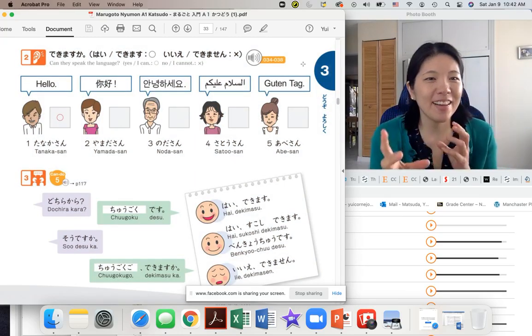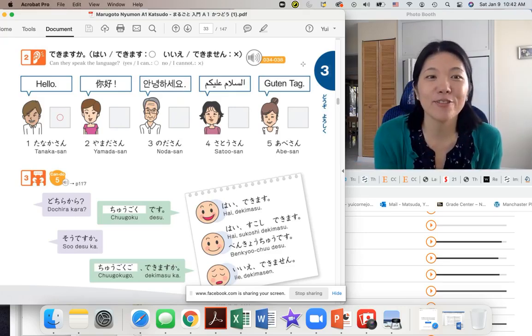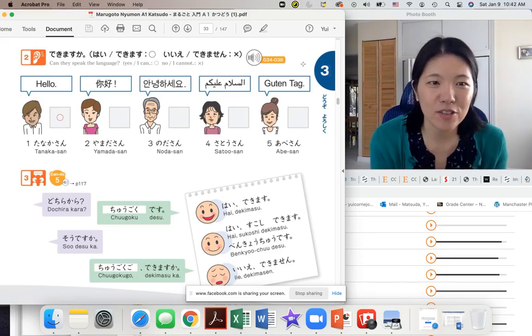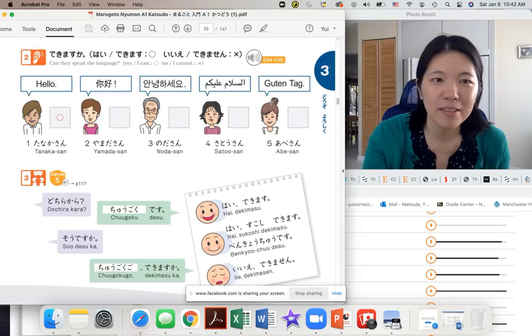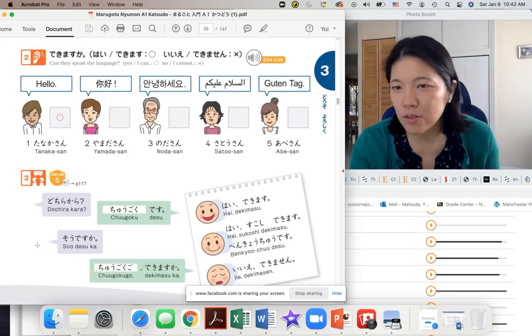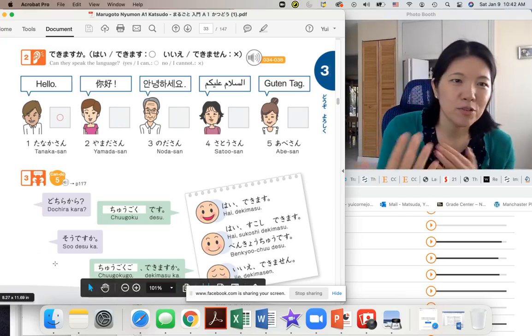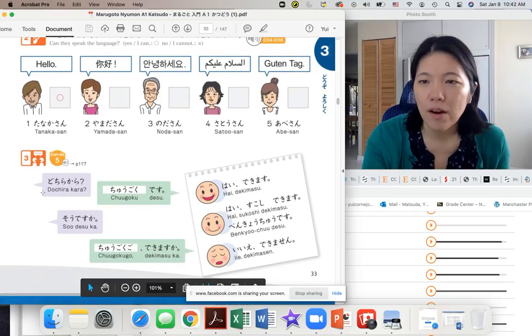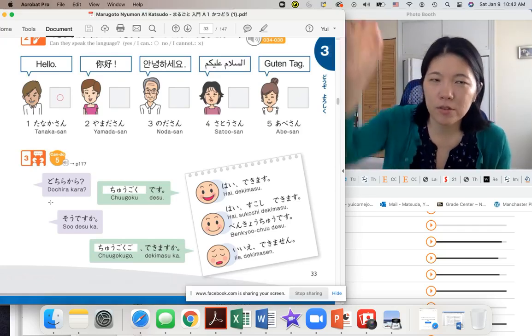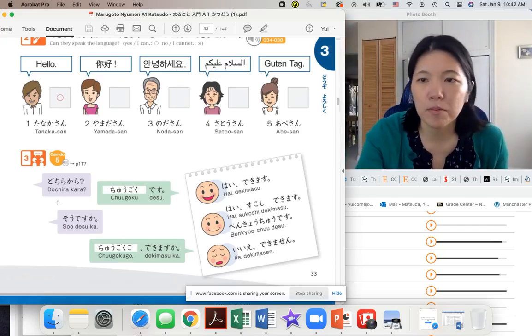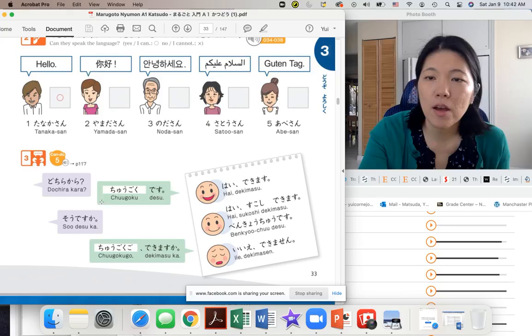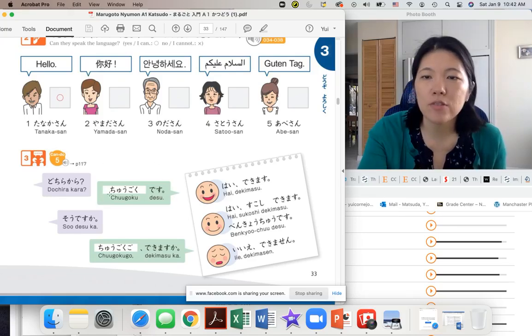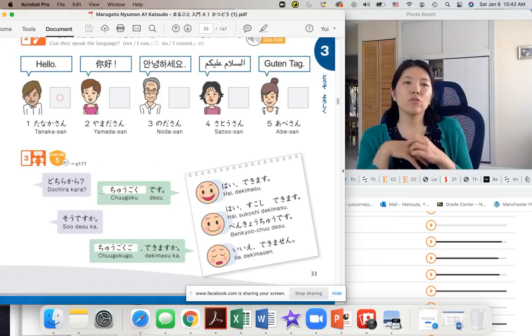So, はい, いいえ is yes, no, and also できません is an indication of negative, right? So, no, I can't. So, let's practice, for example, どちらから? Where are you from? So that's what we did before, right? Let's say 中国, China.